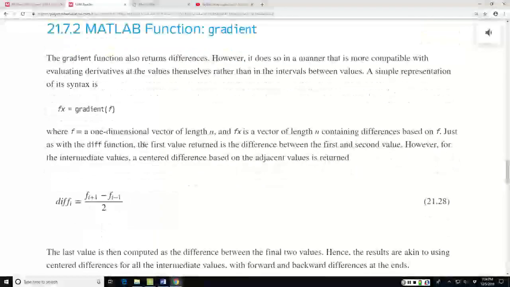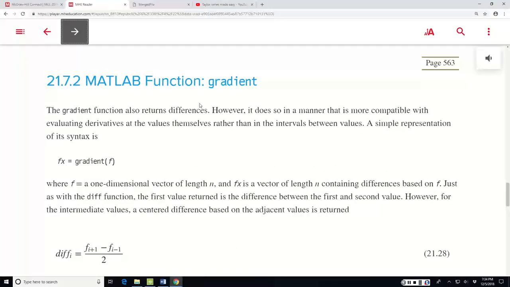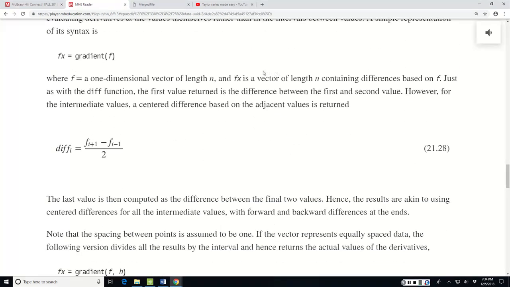And then they also give you another function which is called gradient. In the gradient function, what it does is a little bit different. For the first value, it takes the difference between the first and the second value.